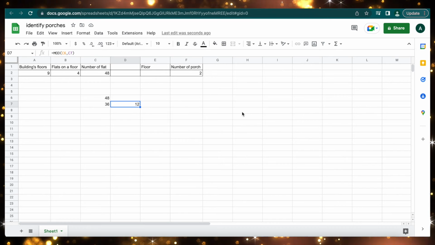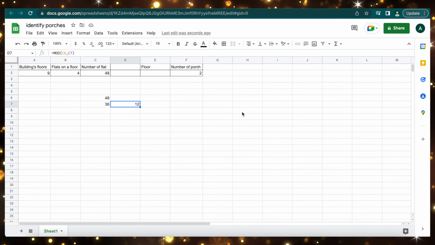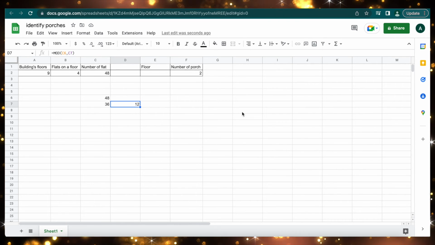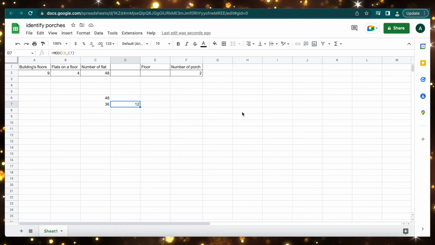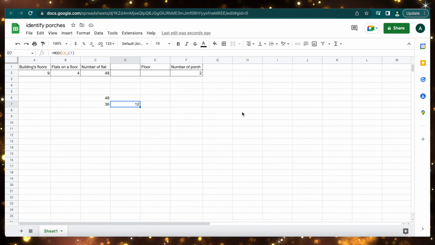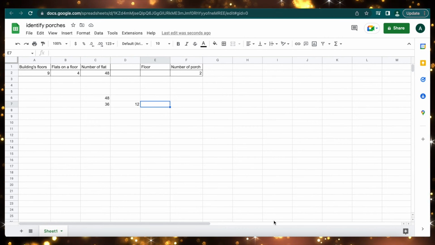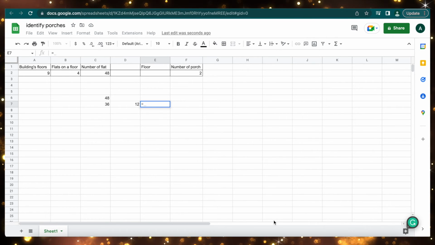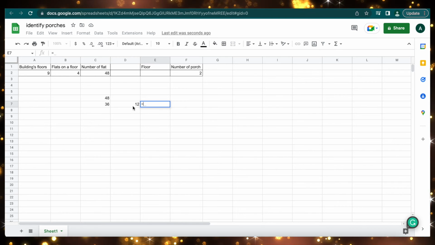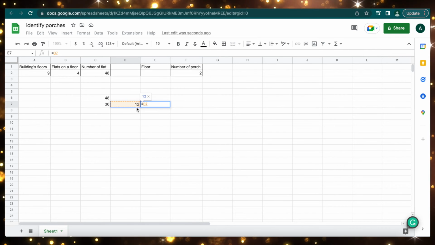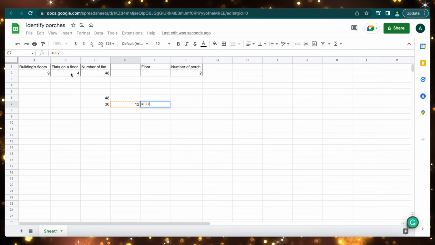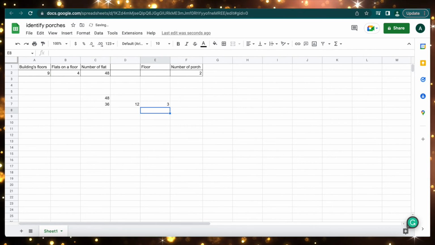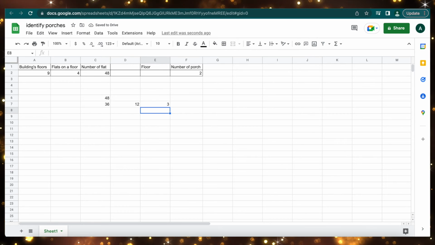And if we know that on each floor there are 4 flats, we can calculate as a result what the floor of that flat is. So if you're good at basic mathematics, then you can guess that we have to take this number and divide it by the number of flats on each floor. That's why we have the third floor.